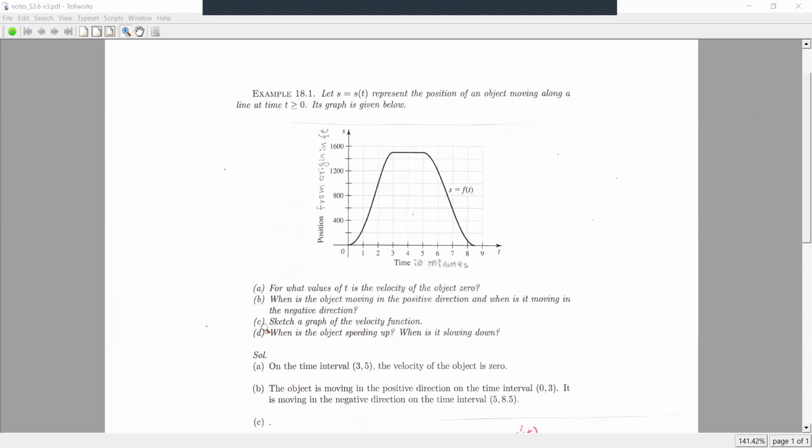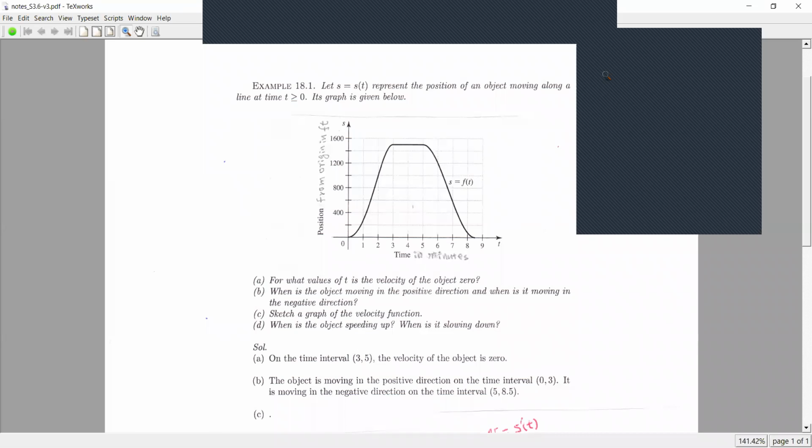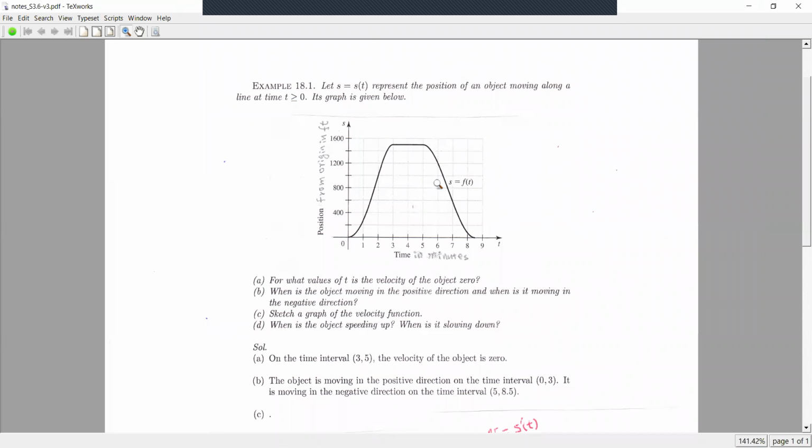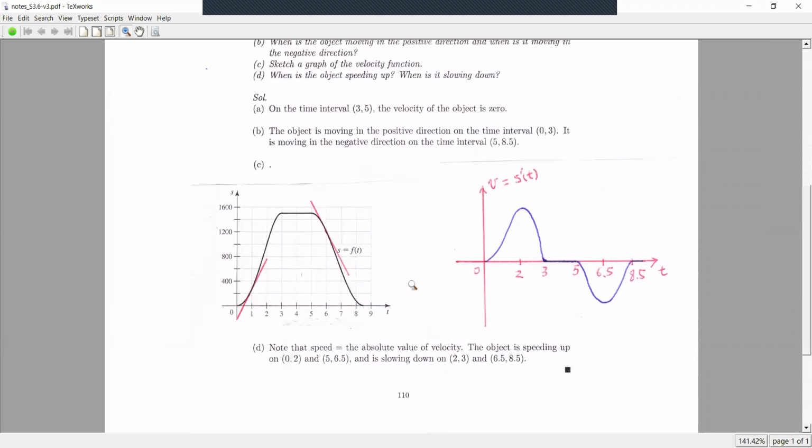So part C is equivalent to the question: sketch a graph of the slope of the tangent line to this curve. For the convenience of my presentation, let me copy this figure here. Now I plot the graph of the slope of the tangent line piece by piece.